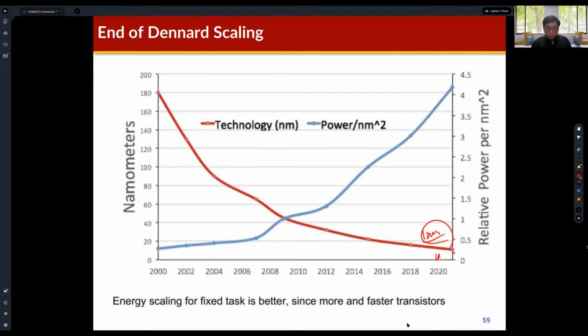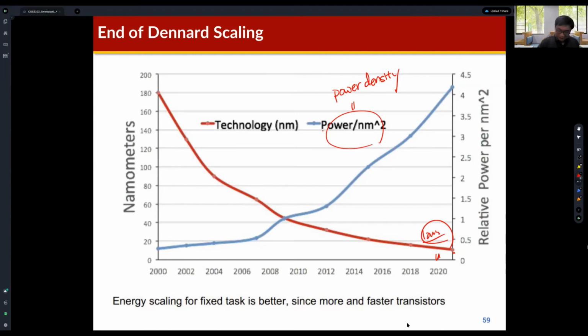But how about the power per square nanometer? That is actually power density. What is observed?